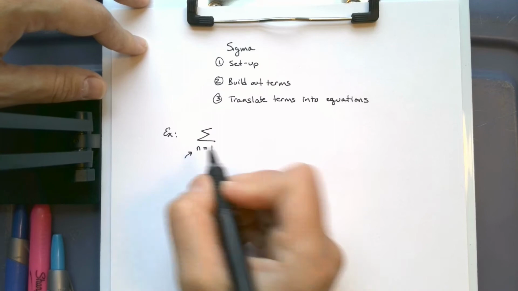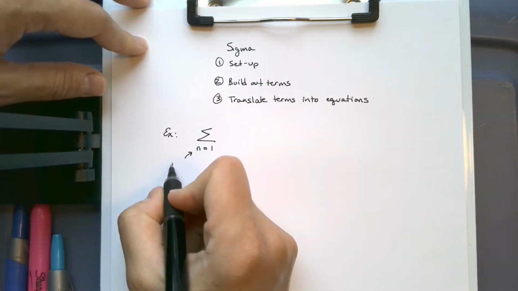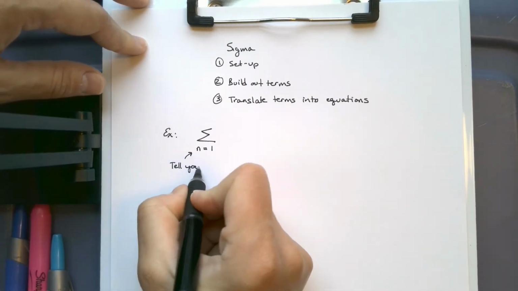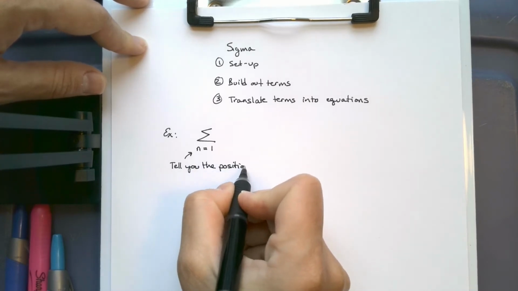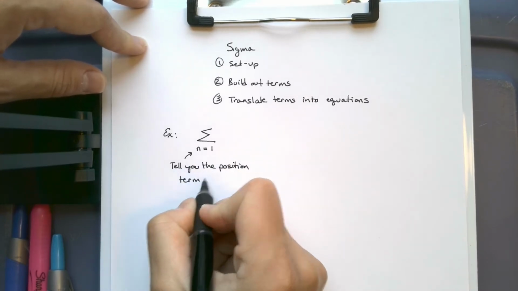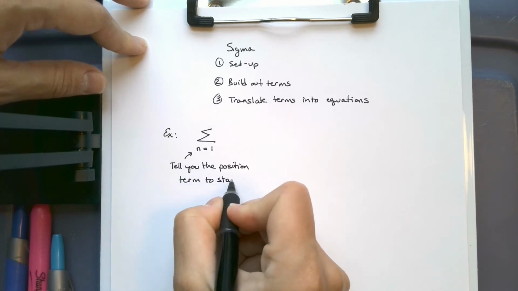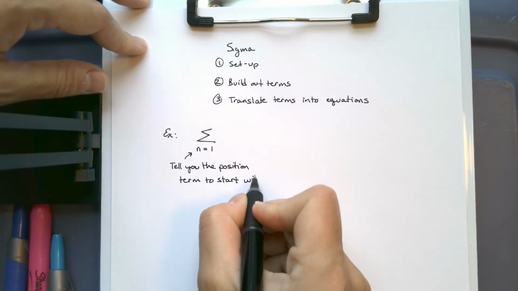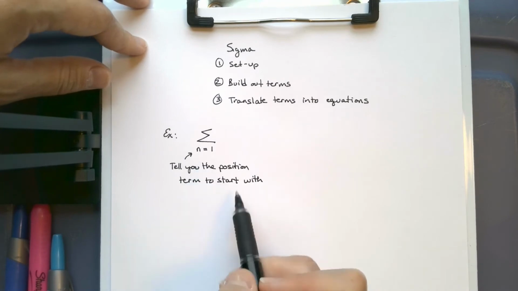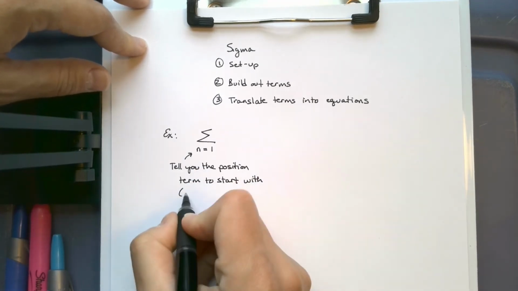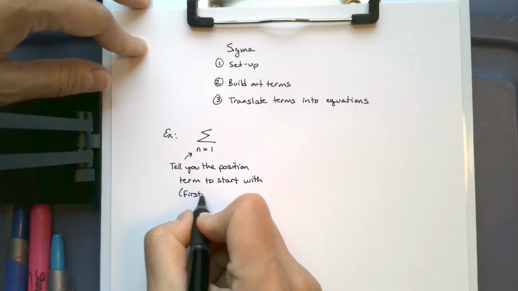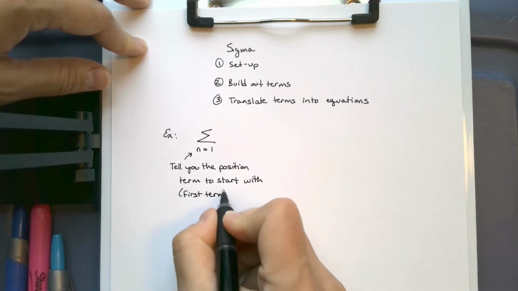So this number down here is going to tell you the position of the term to start with. So when we add these terms together, this is going to tell you to start with the first positioned term. So in this instance, first term.